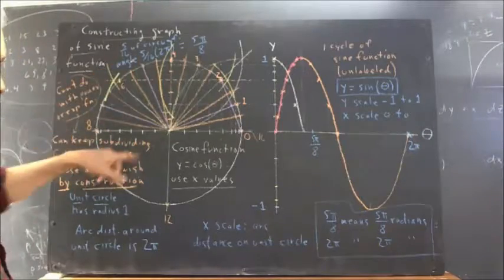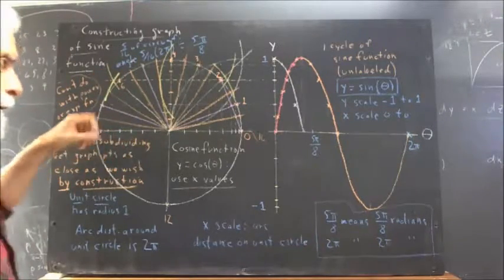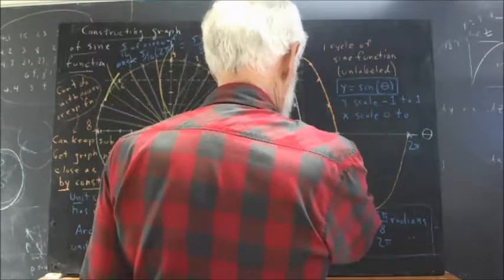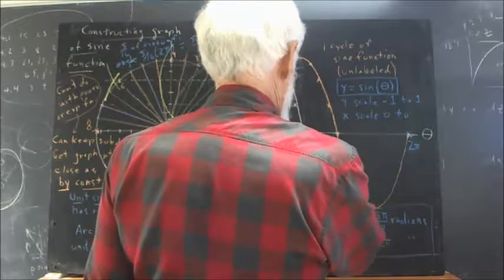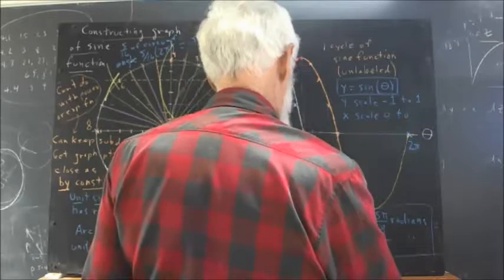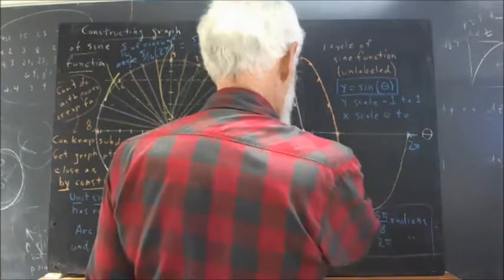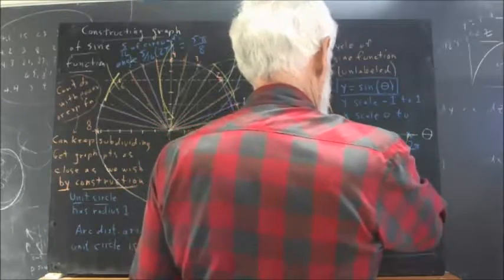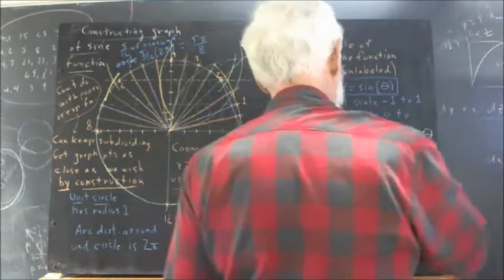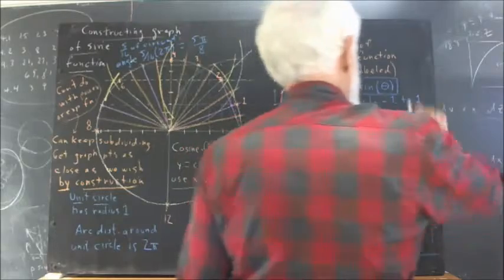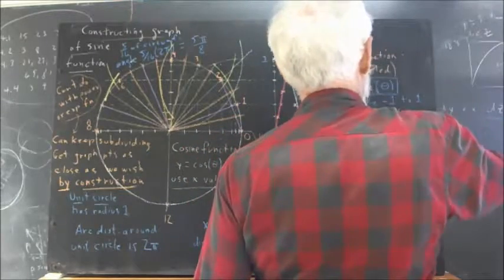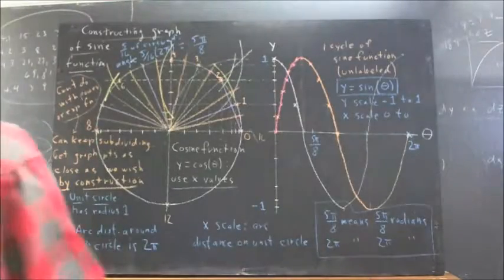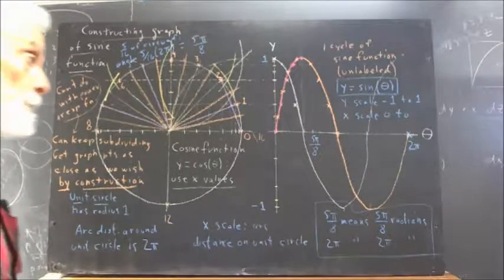I didn't draw projection lines here, and I don't think these points are spaced particularly accurately, but it should be clear that we get a graph then that ends up down here, and then comes back up to here, and finally up to here. So that would be our graph of the cosine function.